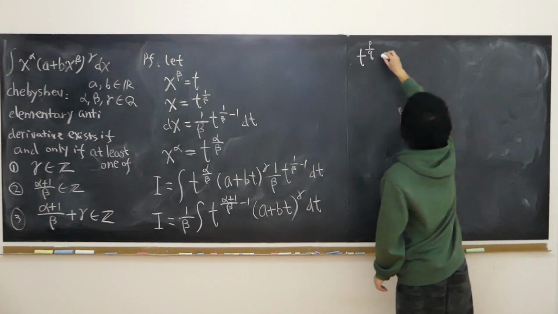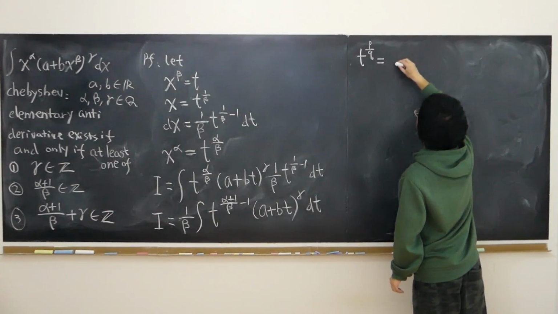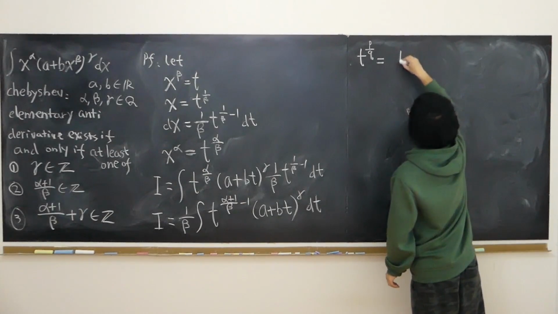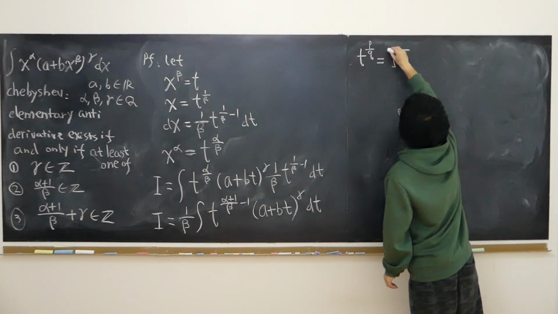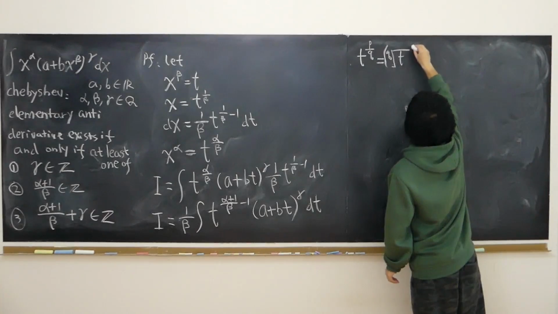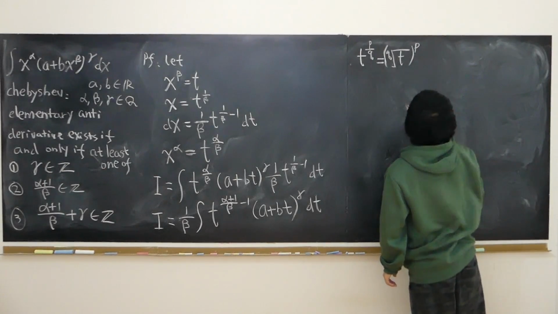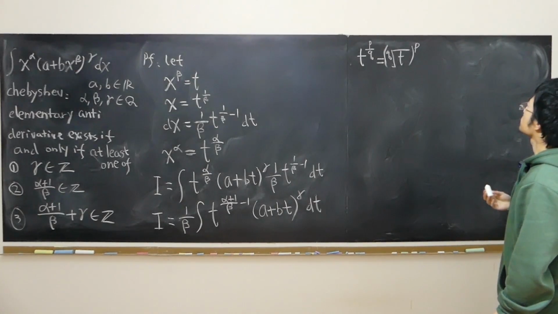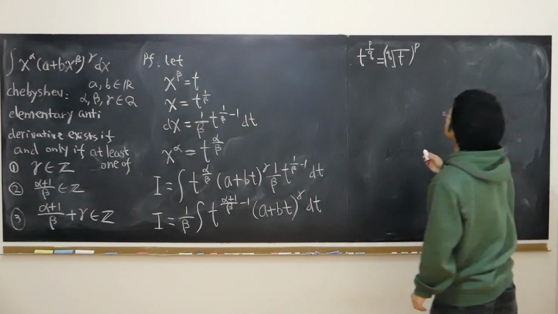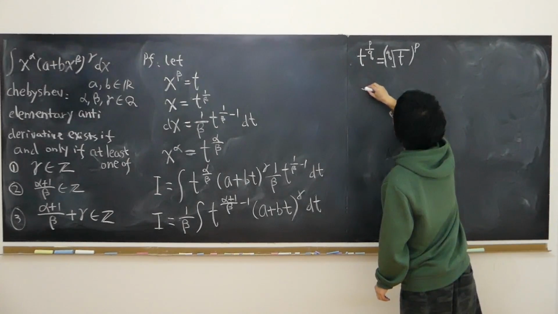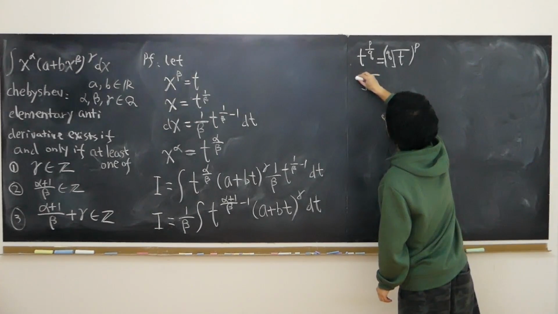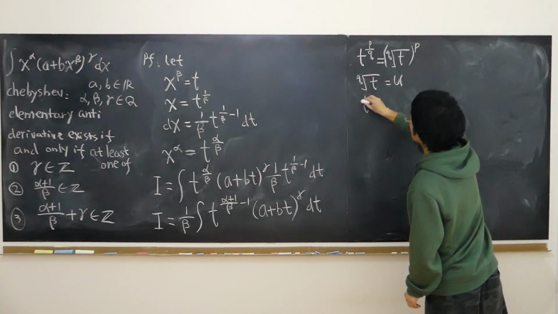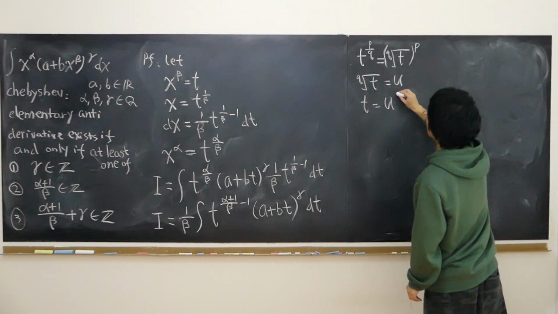Okay, and so what that basically means is that that is equal to t to the qth root raised to the power of p, by definition. Now, we can let t to the qth root equal to u, and t is equal to u to the power of q.